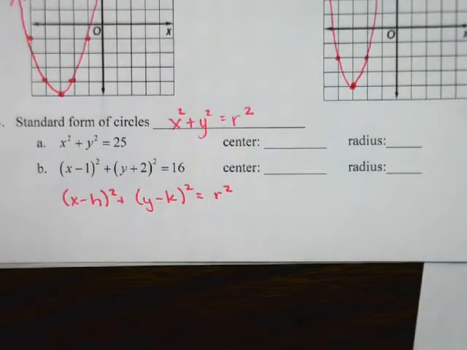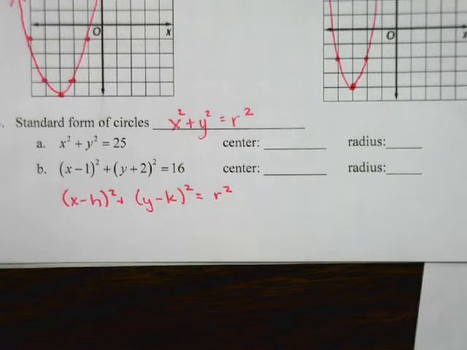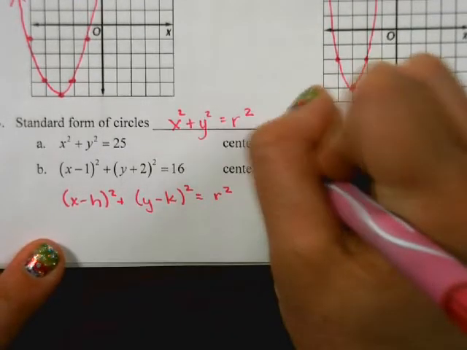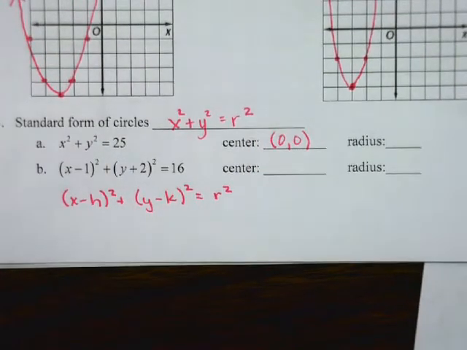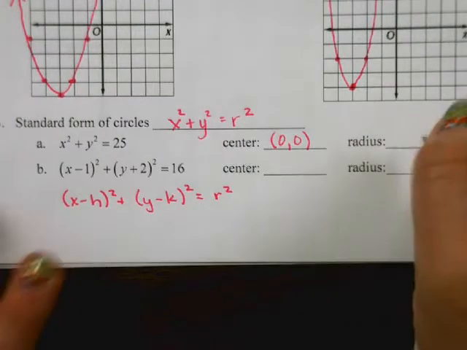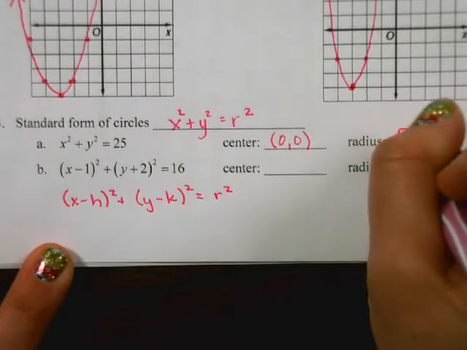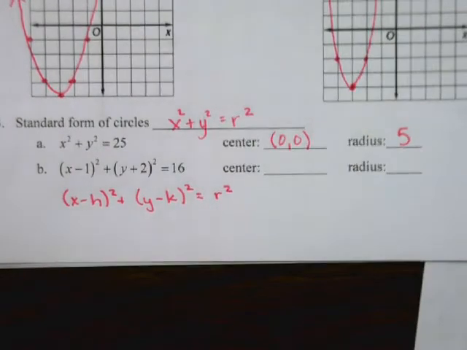So if you look at letter A, x squared plus y squared equals 25, where's the center? 0, 0, right? I don't have an h and a k, so my center is at 0, 0. What's my radius? 5, the square root of 25.